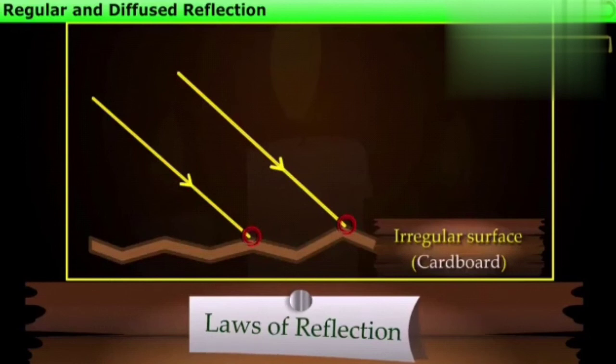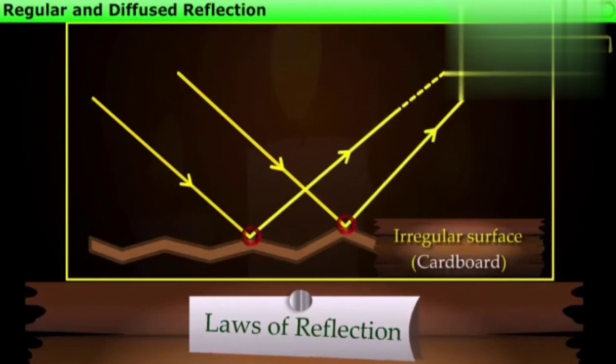Using these laws, construct reflected rays at various points. You will observe that the rays are reflected in different directions and they are not parallel to each other.